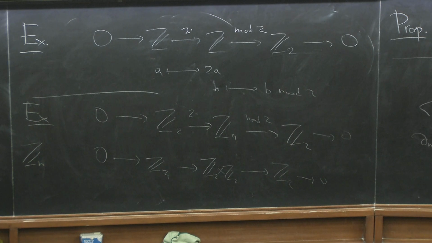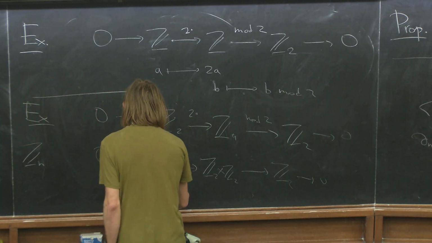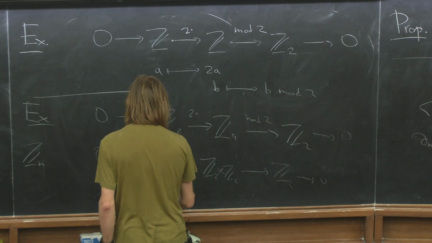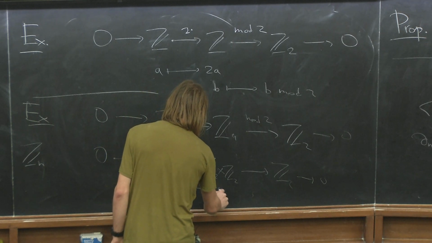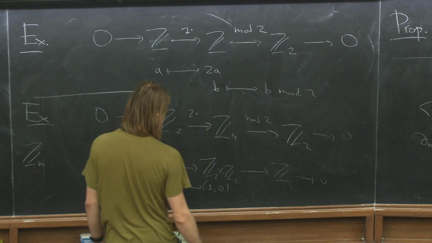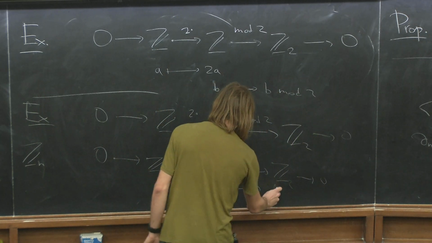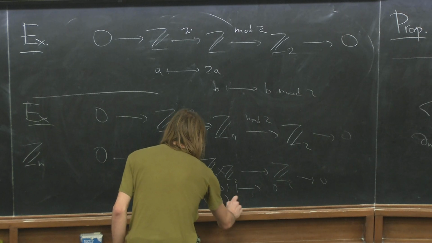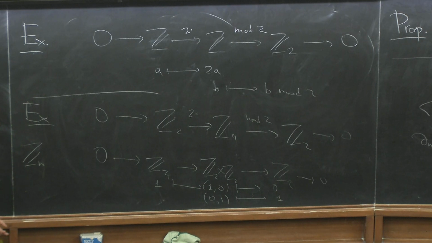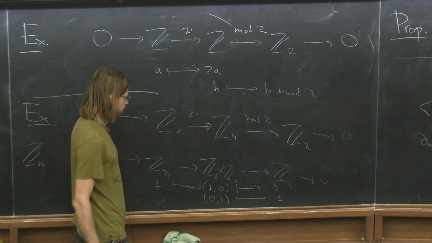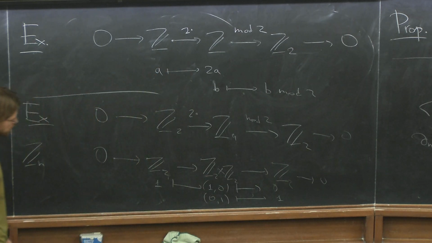I can take in the middle the product of these groups. The generator 1 here I can take to (1, 0), and (1, 0), one of the generators, will go to 0, but (0, 1), the other generator, will go to 1. It's easy to see that this is also a short exact sequence, since the kernel of this map is exactly the image of the previous map.